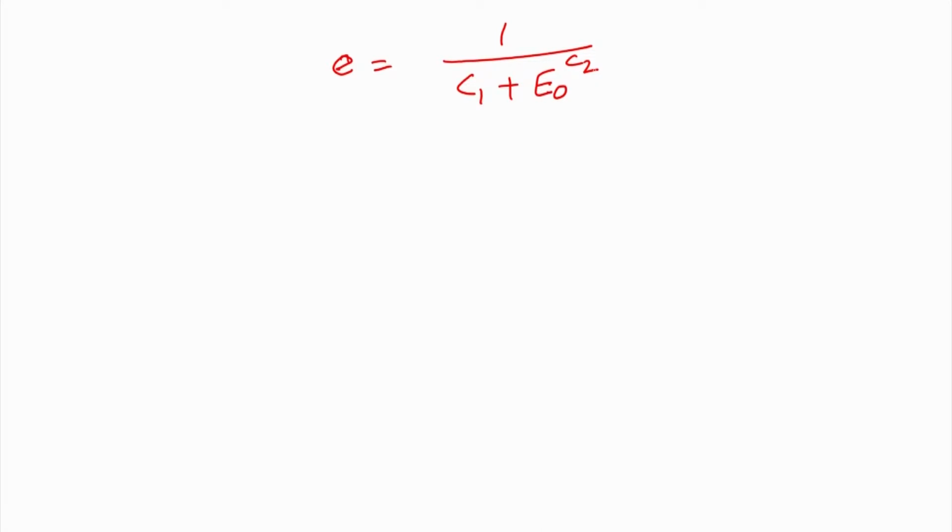So, most of these correlations are in this form: e is equal to 1 upon C1 plus Eo raised to the power C2. Now, what is this Eo?